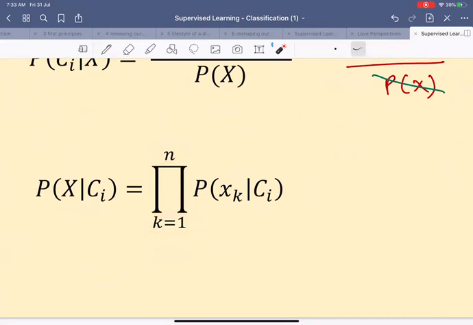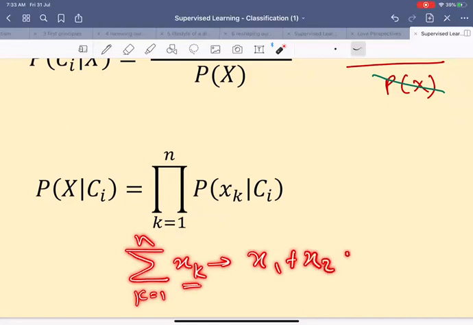Summation? So you have not seen this one before, huh? I'm surprised. Okay, this is the product symbol. It's pi. So the summation symbol, when you say k is equal to 1 to n of xk, the answer would be x1 plus x2 plus x3 till we go to xn.